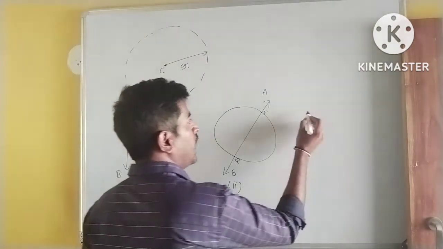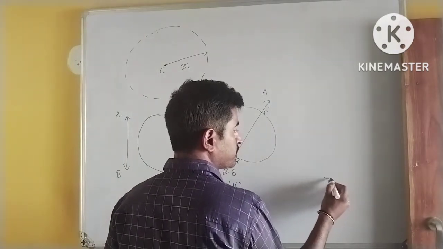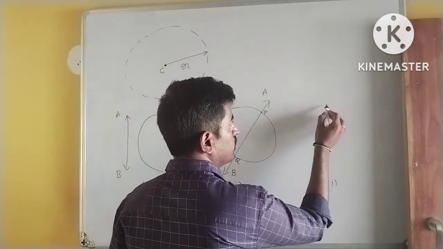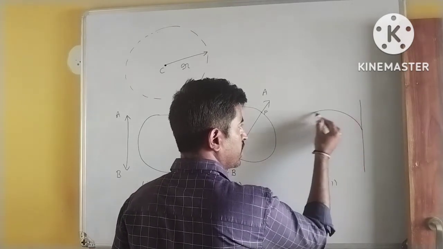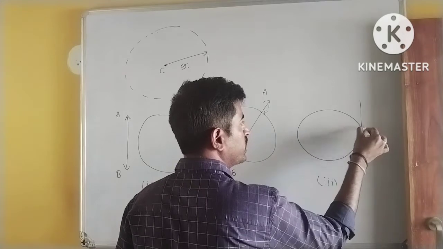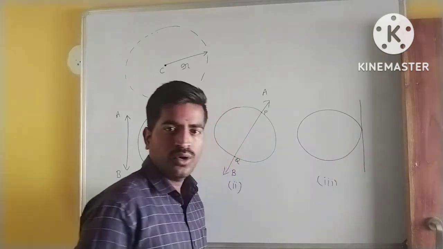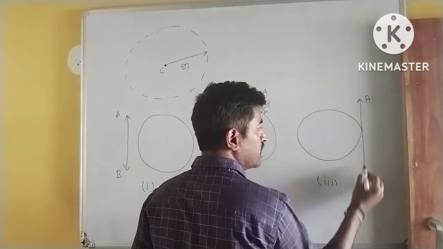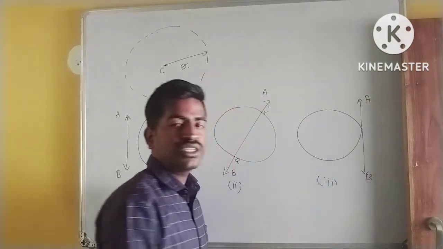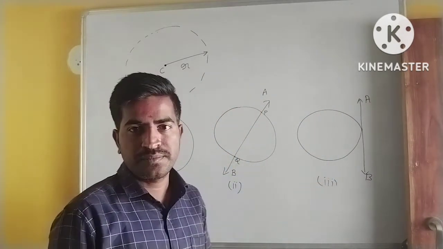And one more case is when a line is drawn in this way, with only one common point. Then this line AB is called a tangent with respect to the circle.